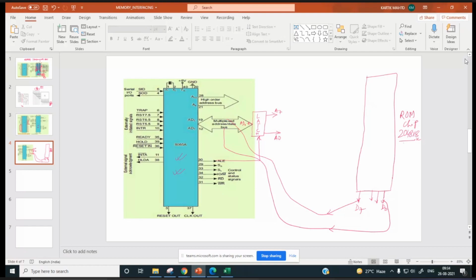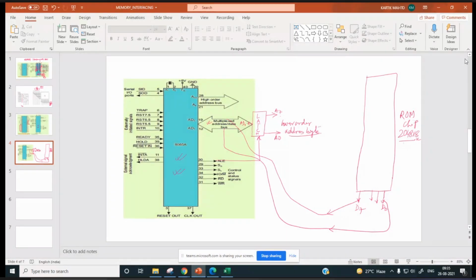Whenever ALE is made high, the content of AD0 to AD7 will be stored in an external latch, and A0 to A7 will have the lower order address byte.